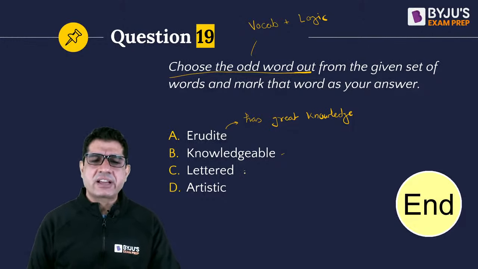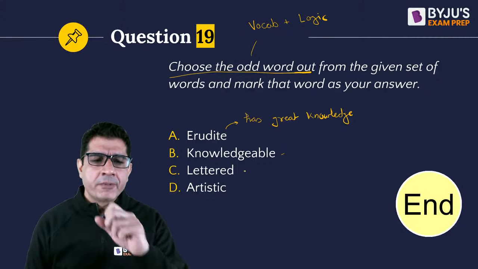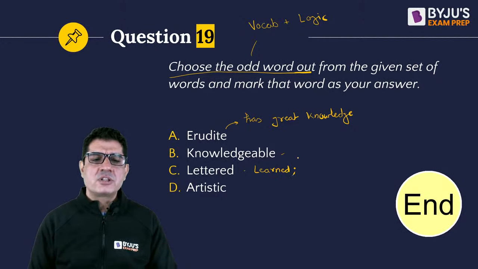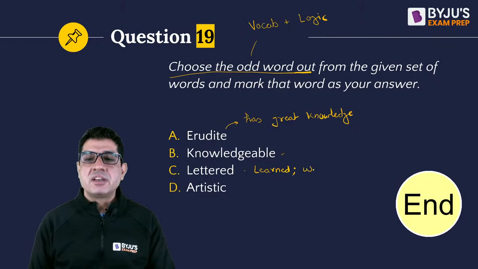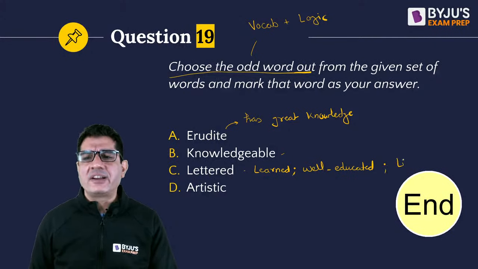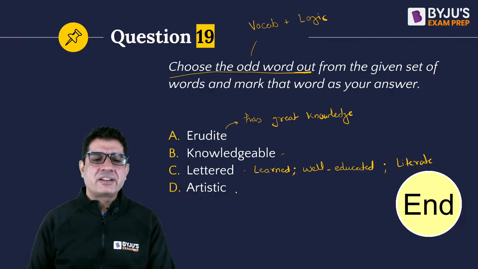Lettered. Now lettered actually has multiple meanings. Lettered can mean somebody who is learned. Lettered can also mean somebody who is well educated, especially when it comes to literature and arts. And of course, lettered can also mean literate. Padha likha. And then you have artistic.